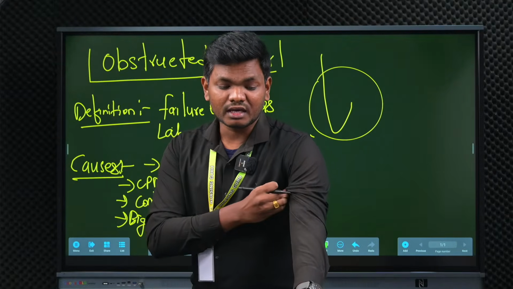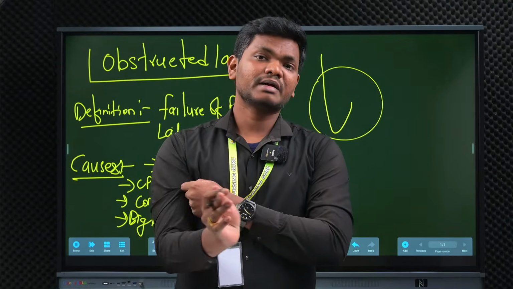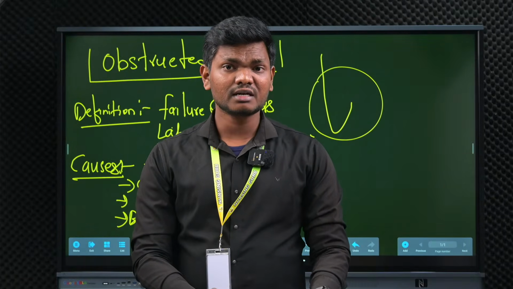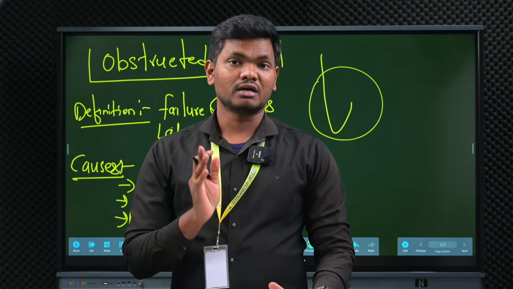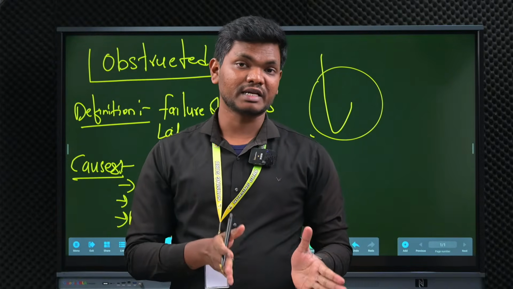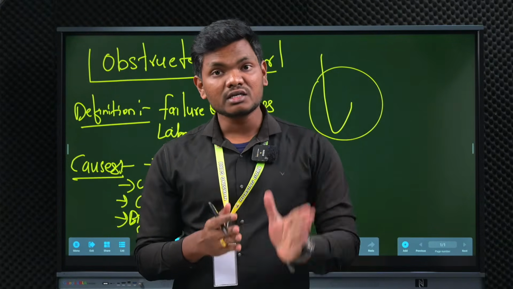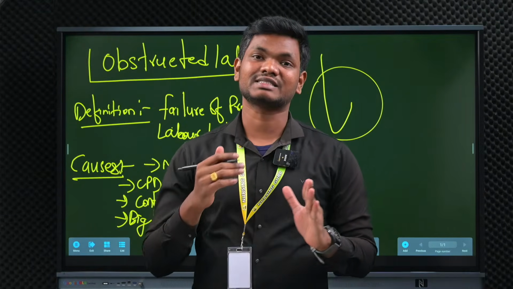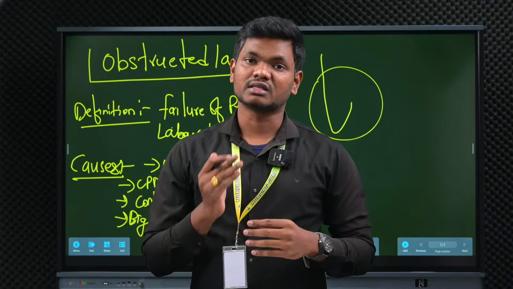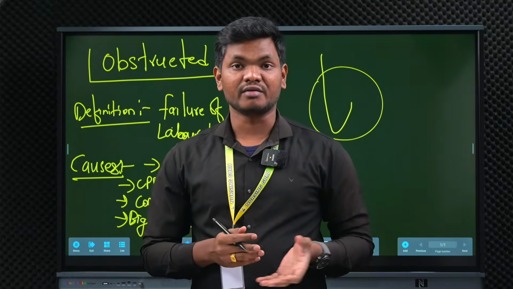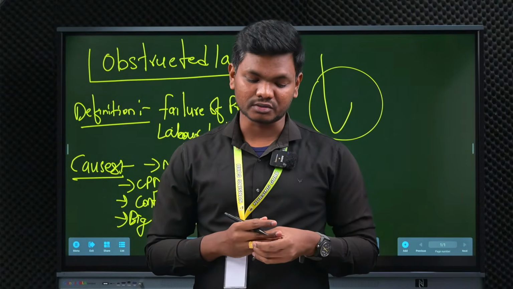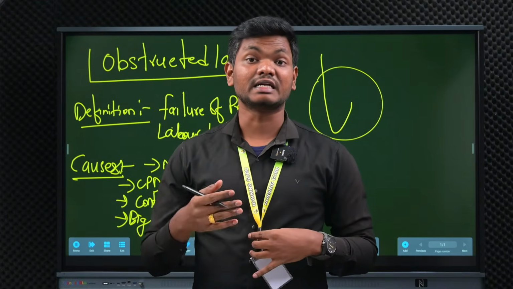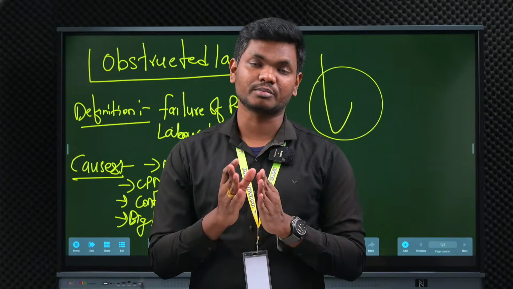Then management. What management will you do for this obstructed labor? General management includes explaining the condition to the mother and reassuring her. The reason the mother is stuck in the progress of labor should be checked. Then IV fluid should be administered immediately, because maternal exhaustion and dehydration may happen, so that should be prevented.